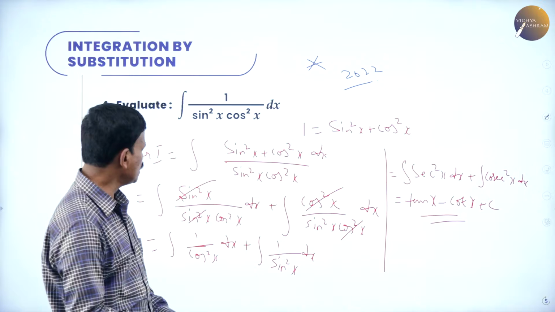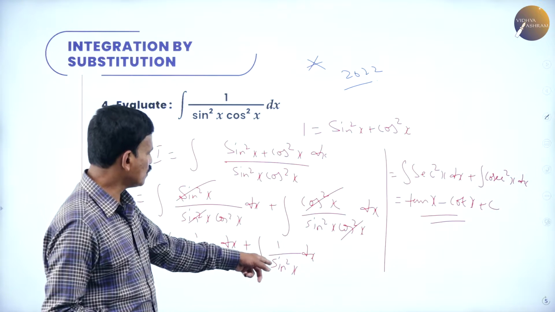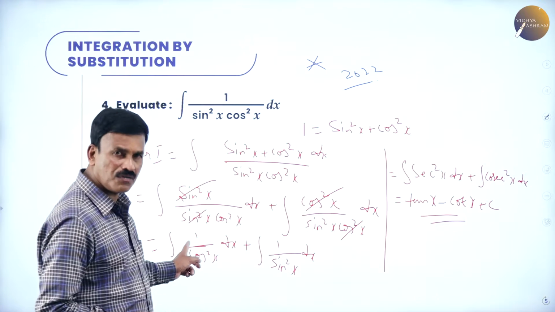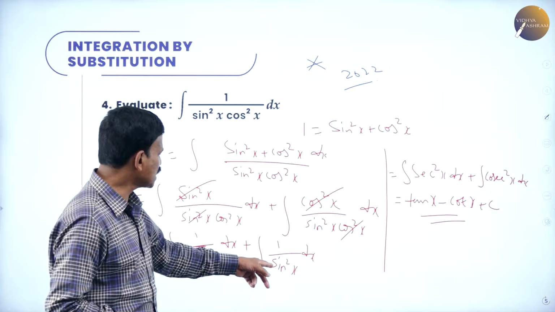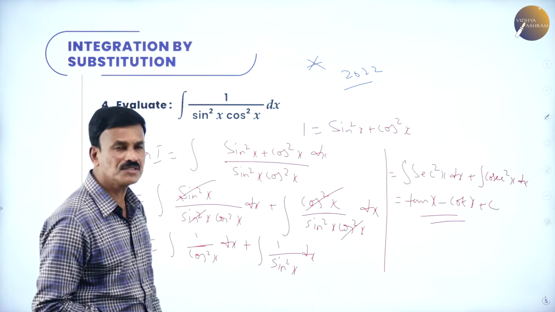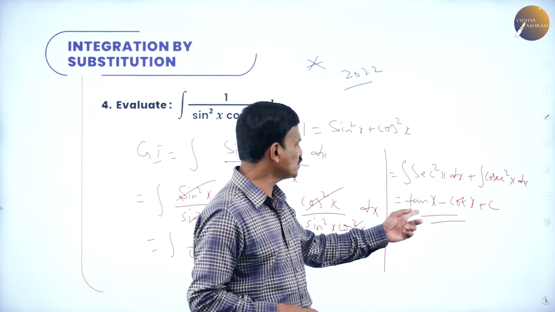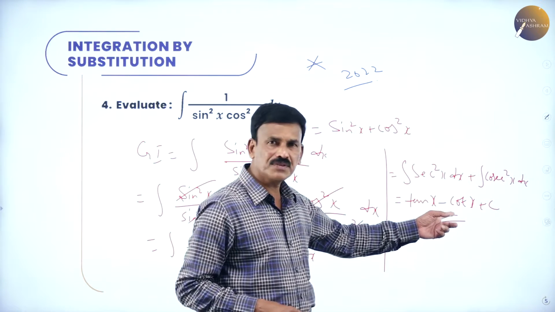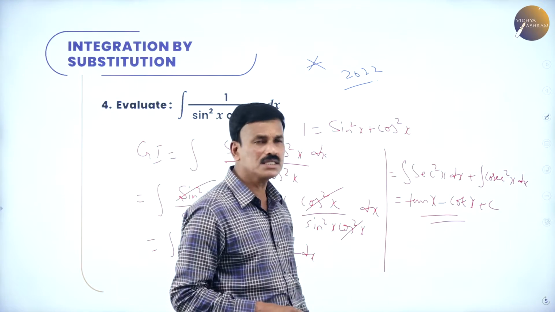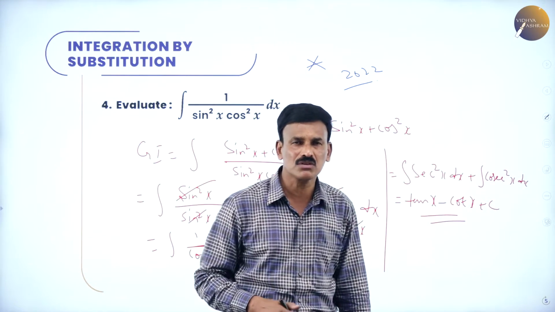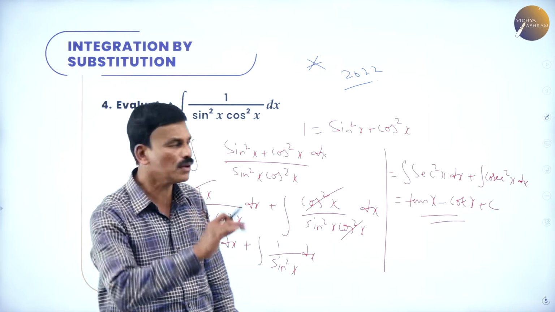See, the integral of 1 over cos square is secant square, the reciprocal relation, plus 1 over sin square is cosecant square x. The integral of secant square x is tan x, the integral of cosecant square x is minus cot x, because the differentiation of tan x is secant square x and the differentiation of cot x is minus cosecant square x. So the integral of secant square x is tan x, the integral of cosecant square x is minus cot x plus c. This is a very important problem indeed. Now let us come to the next problem.